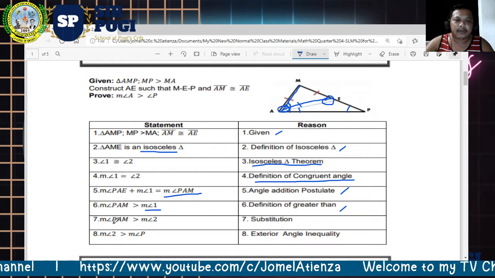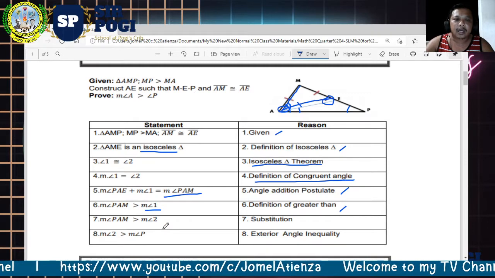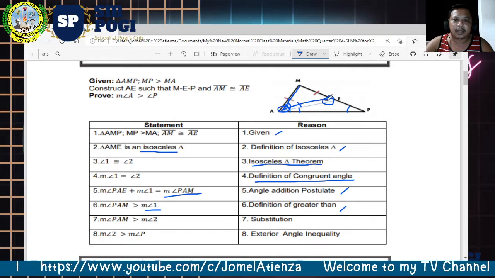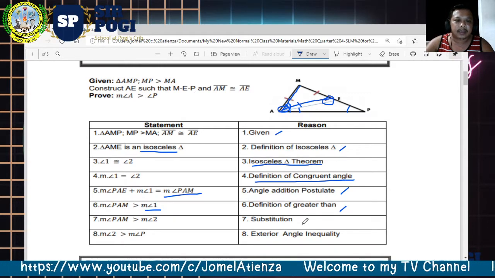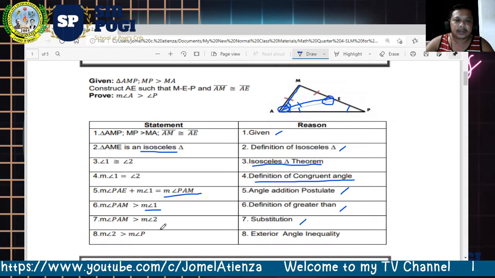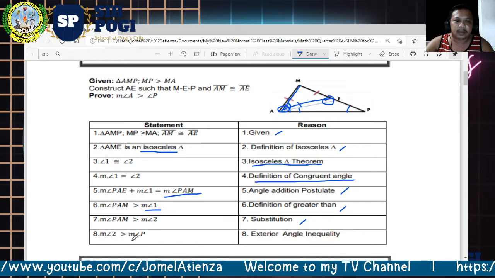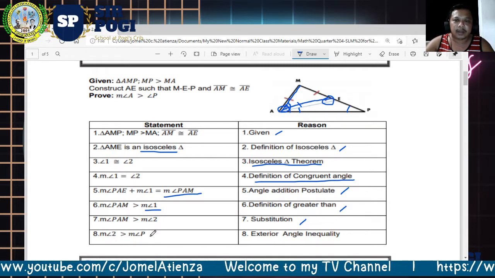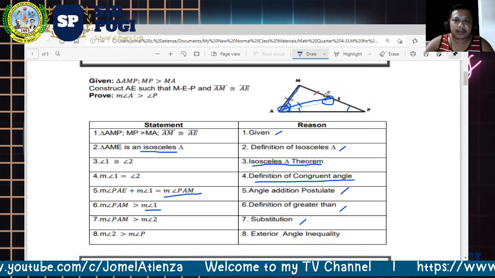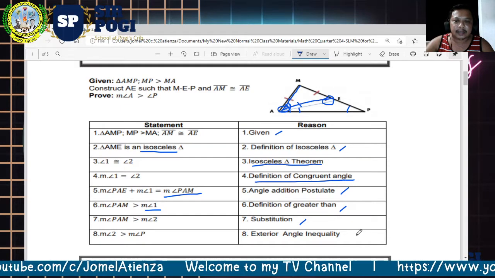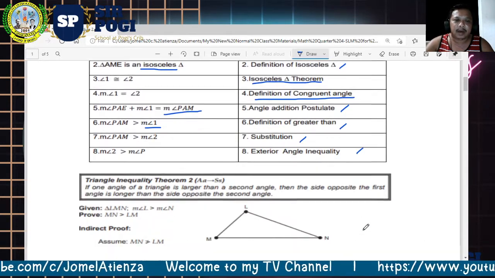And the measure of angle PAM is equal to the measure of angle 2, by the substitution property. Therefore, the measure of angle 2 is greater than the measure of angle P, by the exterior angle inequality.